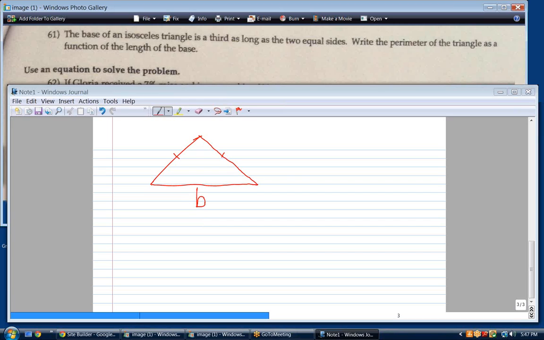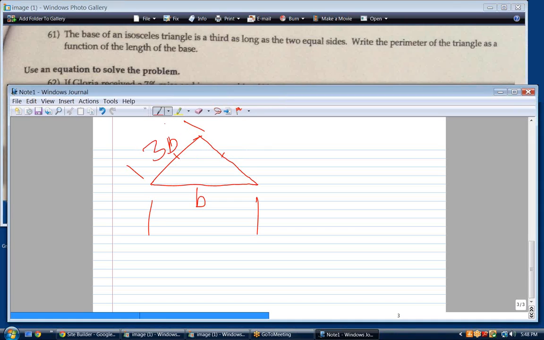So if this is b, how long is one side equal to? If this dimension from there to there is 1/3 of the dimension from there to there, then what is this in terms of b? 3b.